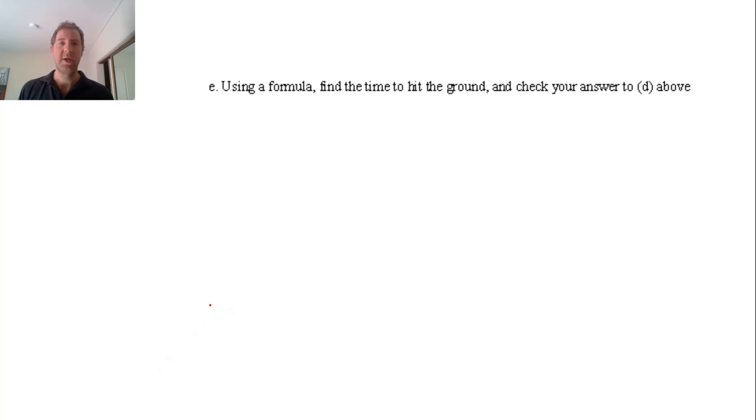Next one, use a formula. Find the time to hit the ground and check your answer to D above. So whenever I'm using a formula, the first thing I write out is what I know and what I want to find out. So I want to find out time. I know the initial velocity was 0 meters a second. I know acceleration is positive 10 meters per second squared.